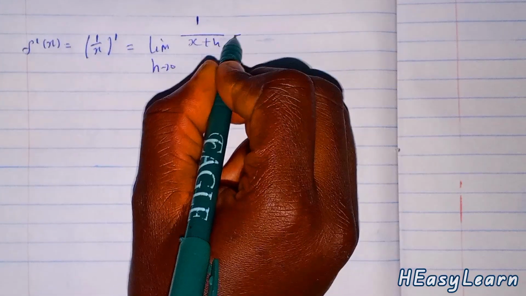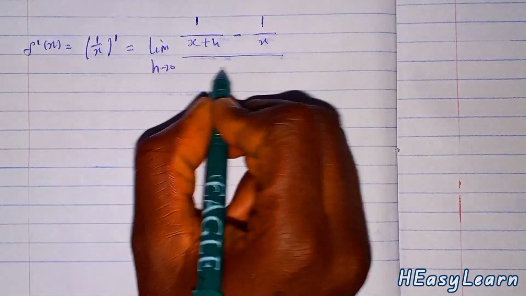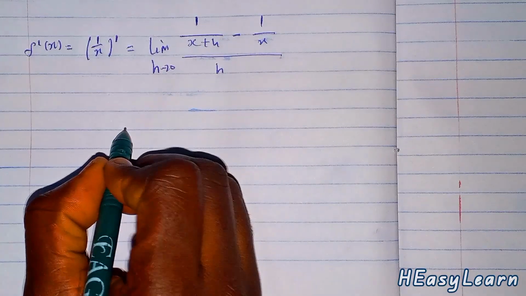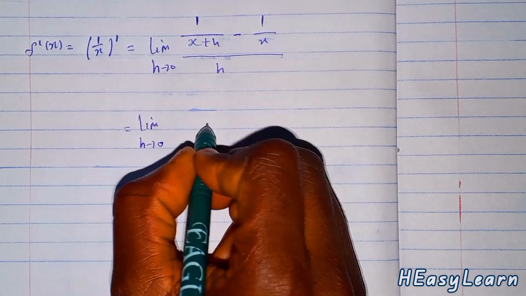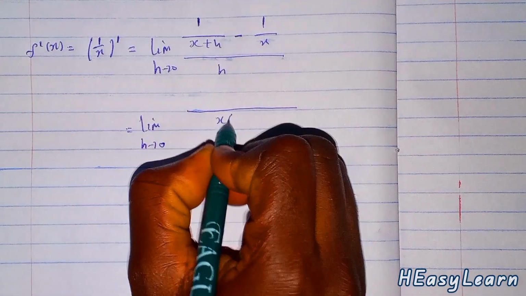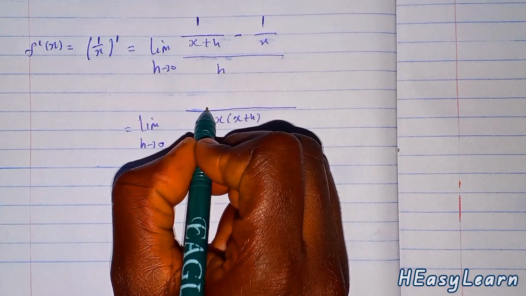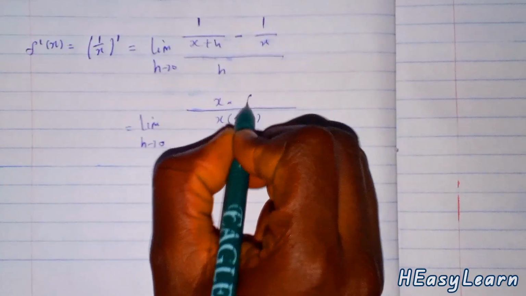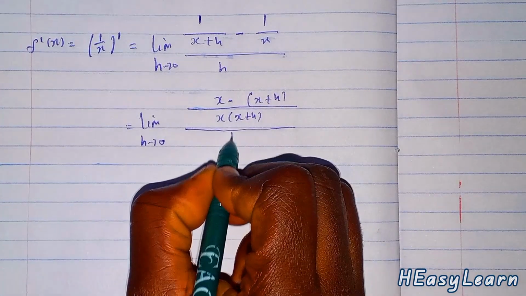This is 1 over x plus h minus 1 over x, over h. This is the same thing as the limit as h approaches 0. What is the LCM of the denominators? x plus h times x. Here will be x minus x plus h over h.